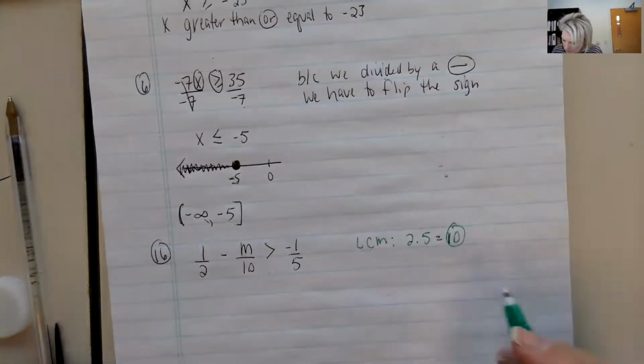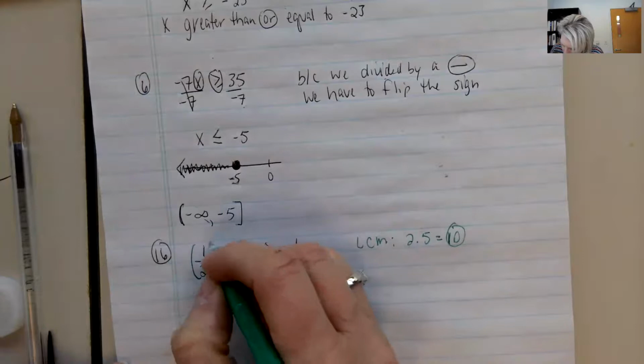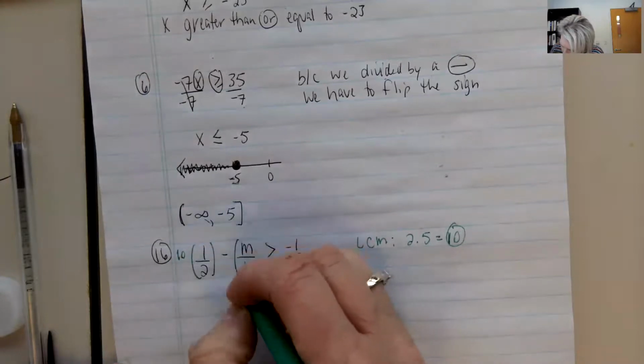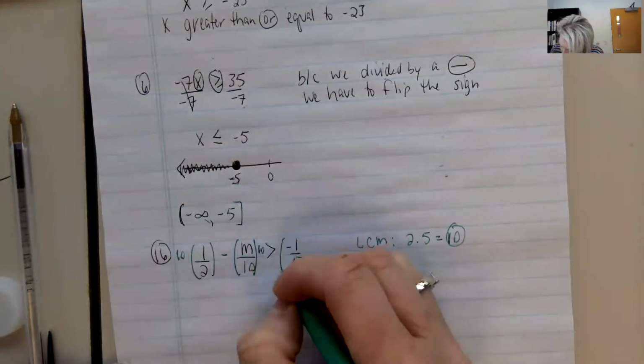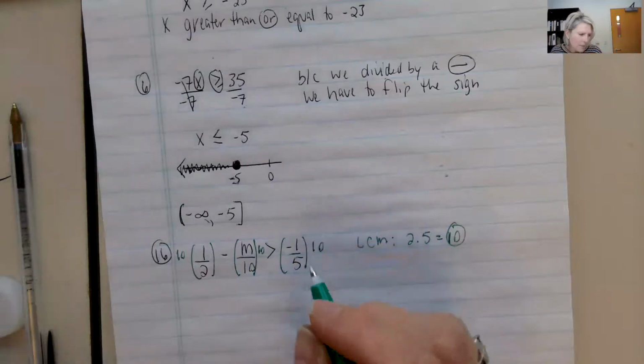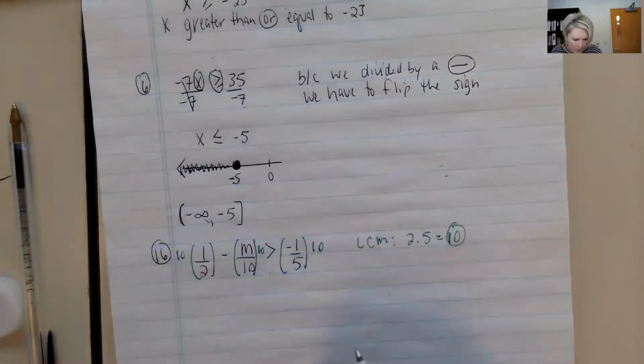So I'm going to multiply this by 10. I'm going to multiply this by 10. And I'm going to multiply this by 10. Make sure you're also writing that on your paper.